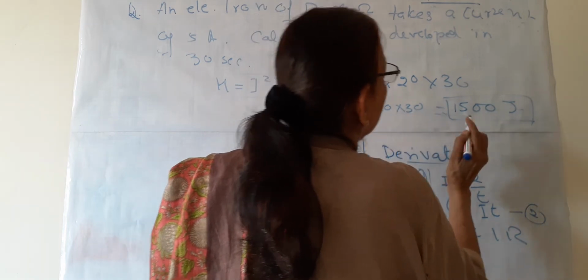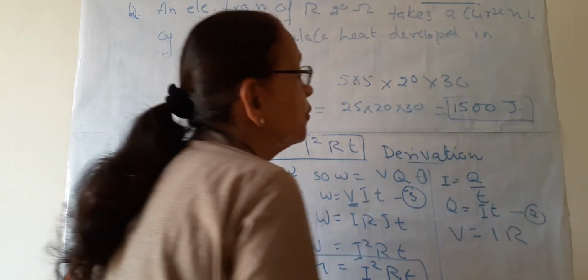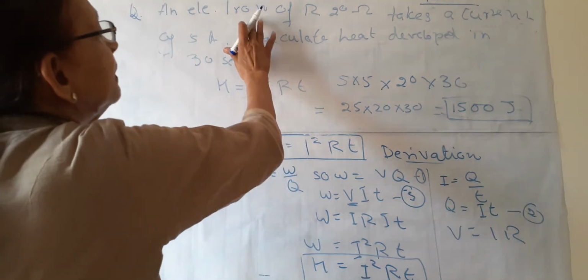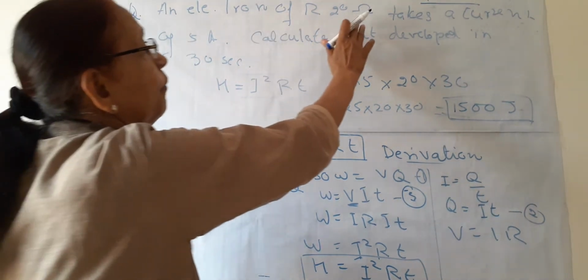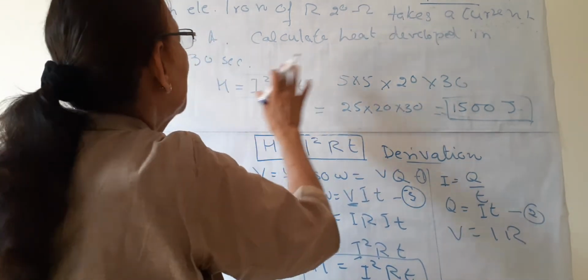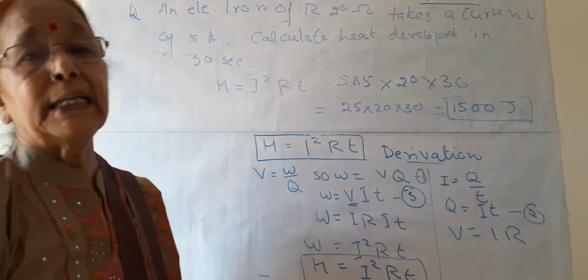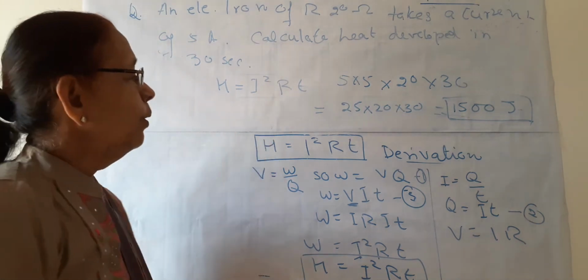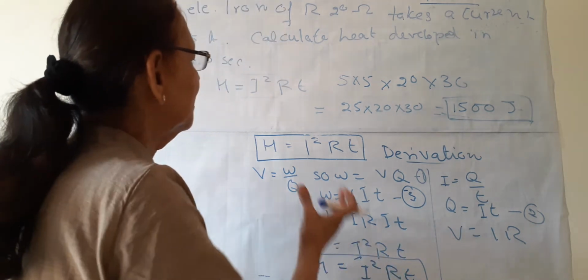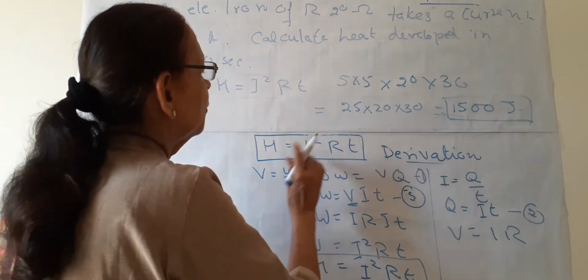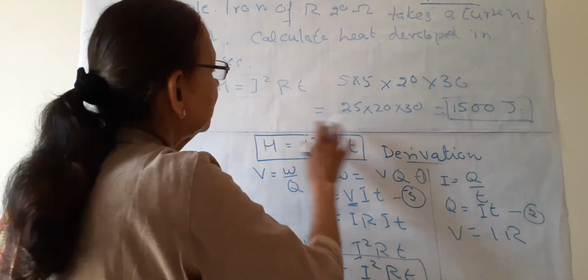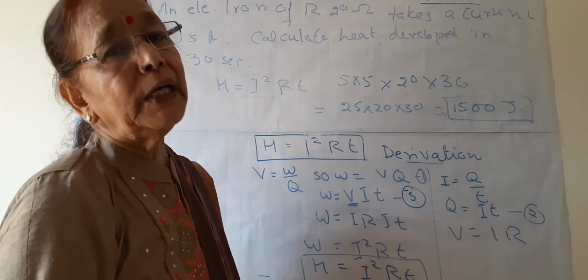So 1500 joule heat energy will be produced by this electric iron of 20 ohm resistance when 5 ampere current passes through it for 30 seconds. So this is how we calculate different numericals based on this equation, which is the heating effect of electric current, and this is Joule's law of heating.